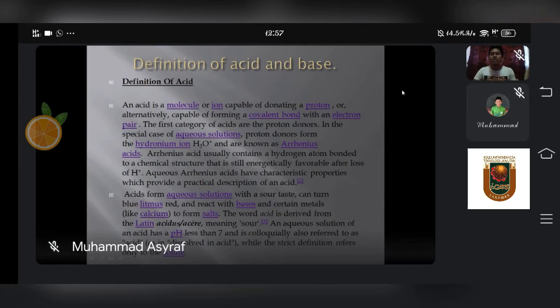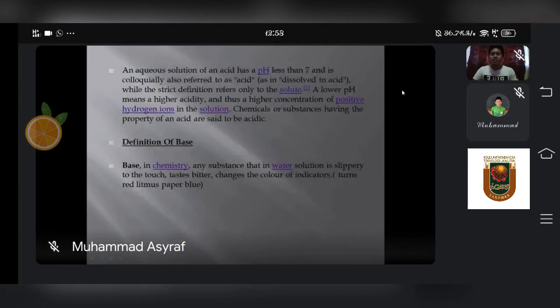An aqueous solution of an acid has a pH less than 7 and is colloquially also referred to as acid, as in dissolved in acid, while the strict definition refers only to the solute.